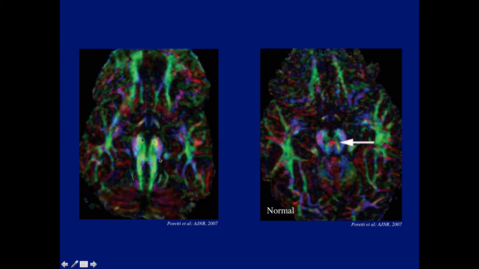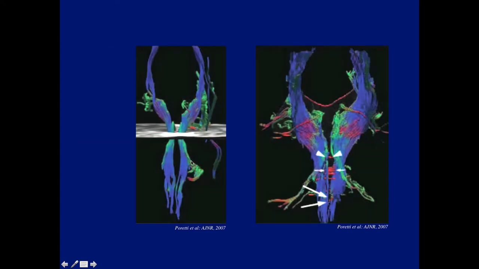And also notice the red dot of the decussation seen normally, absent in the abnormal case. And they did some beautiful coronal tractography showing there's no red crossing fibers.